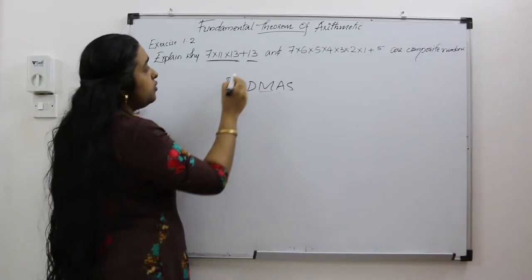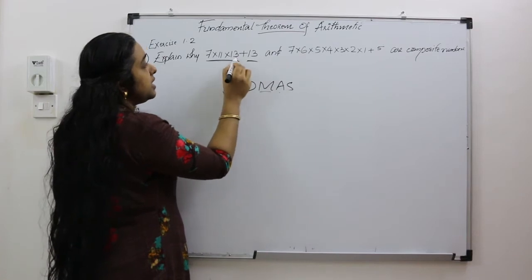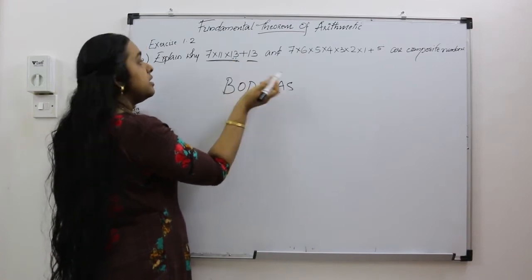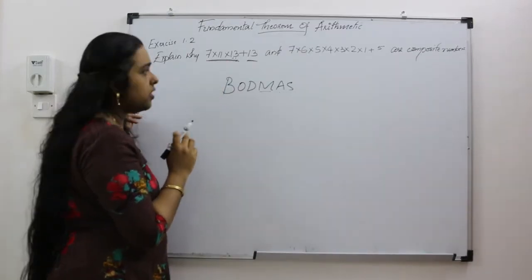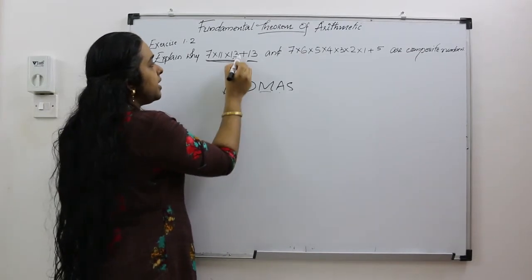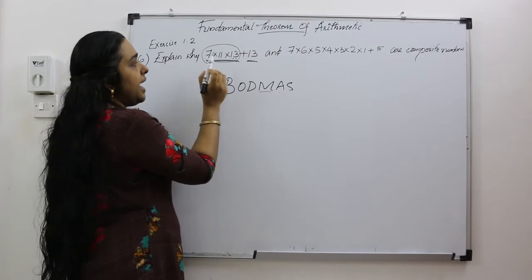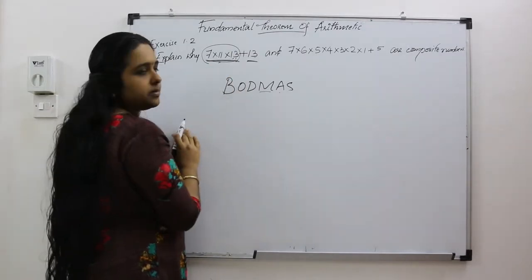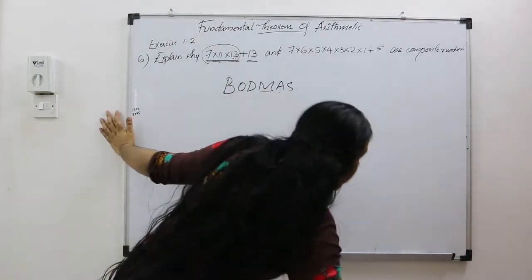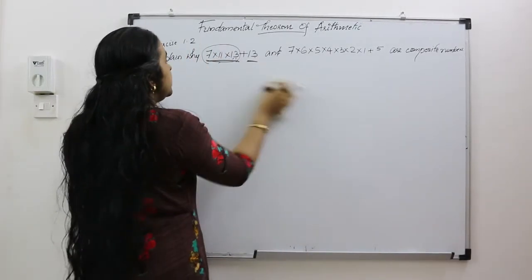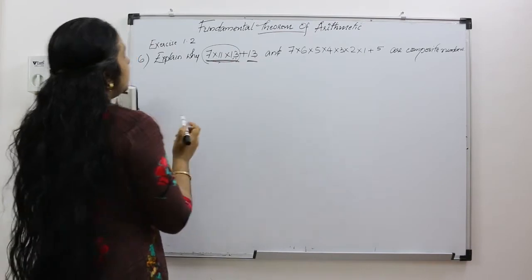Some people may do the addition first, 13 plus 13, and multiply that result with 11 and then 7. That is wrong. First we have to multiply the whole term and add that result to 13. That is the BODMAS rule. Okay, let's multiply the terms and see what the results are.